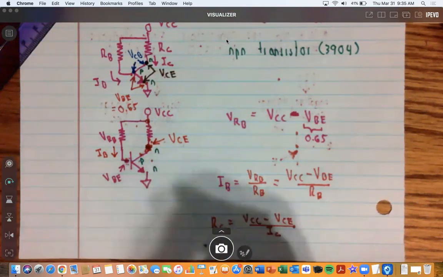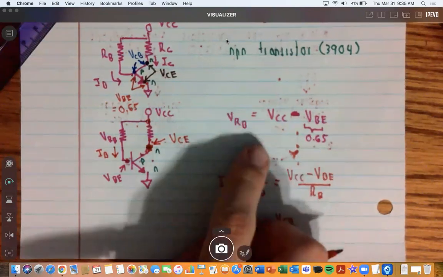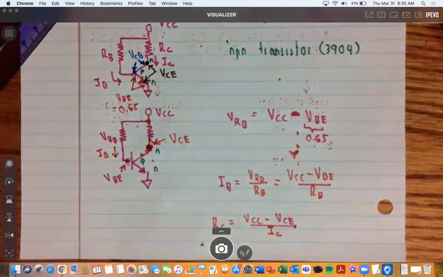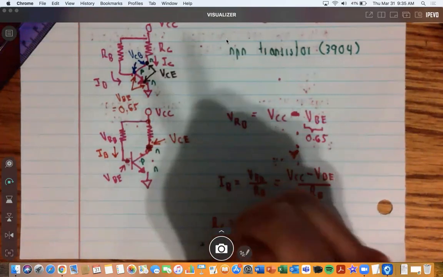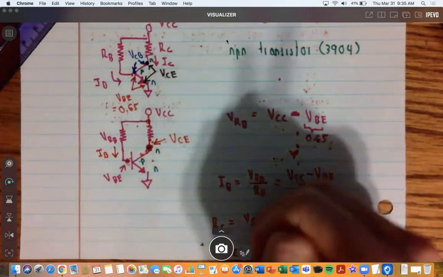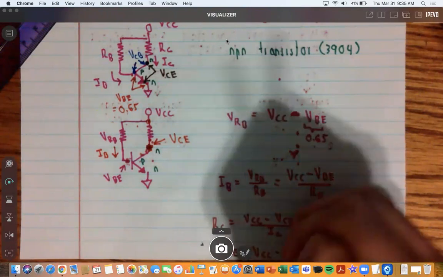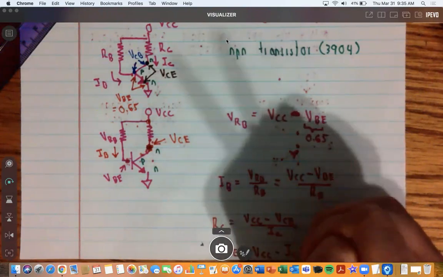And now that we have these three big ones to find, the one that you'll see pop up is this other one, which is VCE equal to VCC minus ICRC.